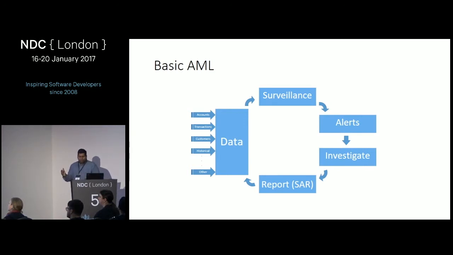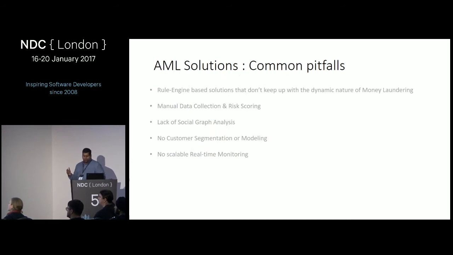Some of the common pitfalls of AML solutions are particularly around the rule engine-based approach, that it doesn't keep up with the dynamic nature of fraud detection, of the laundering activities of the criminals. The criminals are very clever and they keep constantly evolving. So you need the systems to be able to keep up with what the bad actors do.